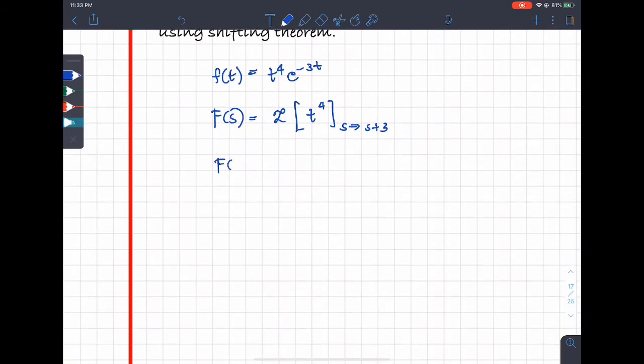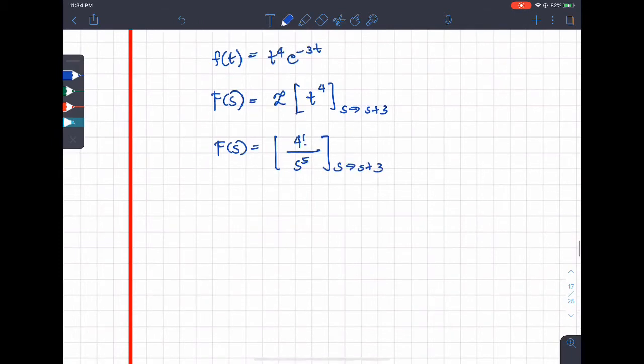The Laplace transform of t raised to 4, using our table, would be n factorial, that is 4 factorial, divided by s raised to n plus 1, so s raised to 5, and then s will be shifted to s plus 3.